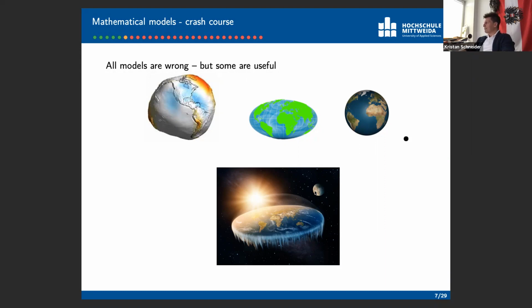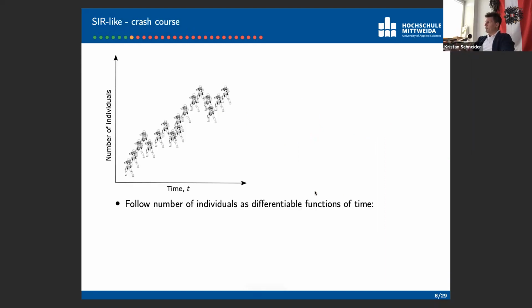So now let's do a kind of SIR-like model. SIR-like models stand for susceptible, infective, recovered, and those are mathematical models. And typically what one does is follow the number of individuals, modeled as a differentiable function of time.